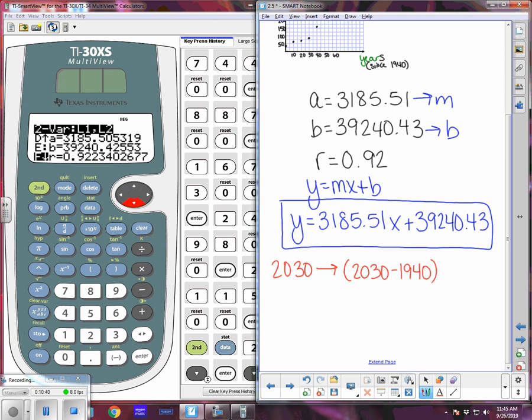That's actually 90. So when x equals 90, I want to know what y is. You're going to put a 90 right there. So take a second and plug that into the calculator. You're going to do 3,185.51 times 90, and then add the 39,240.43. You're going to get a very large number because this is a median home price.